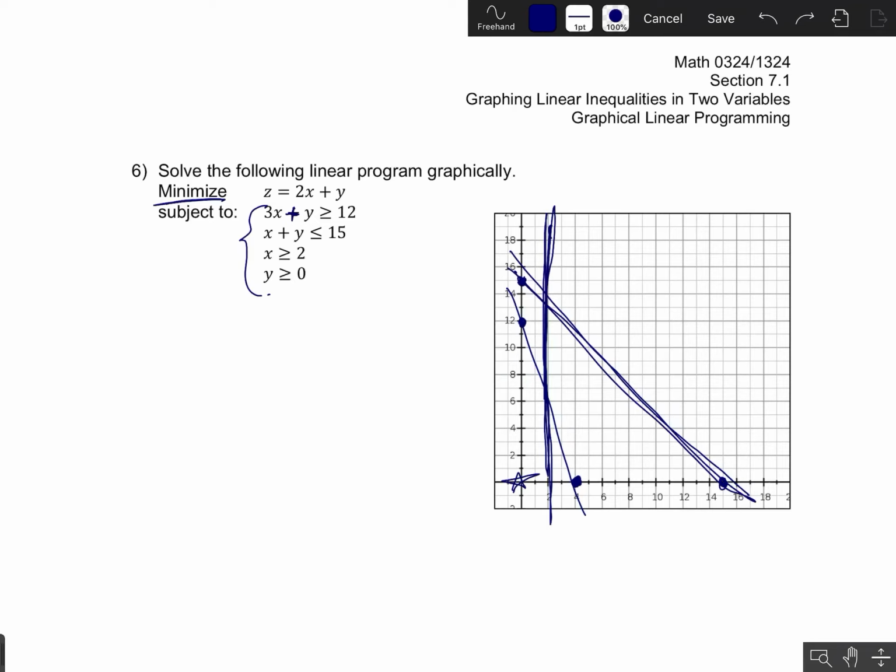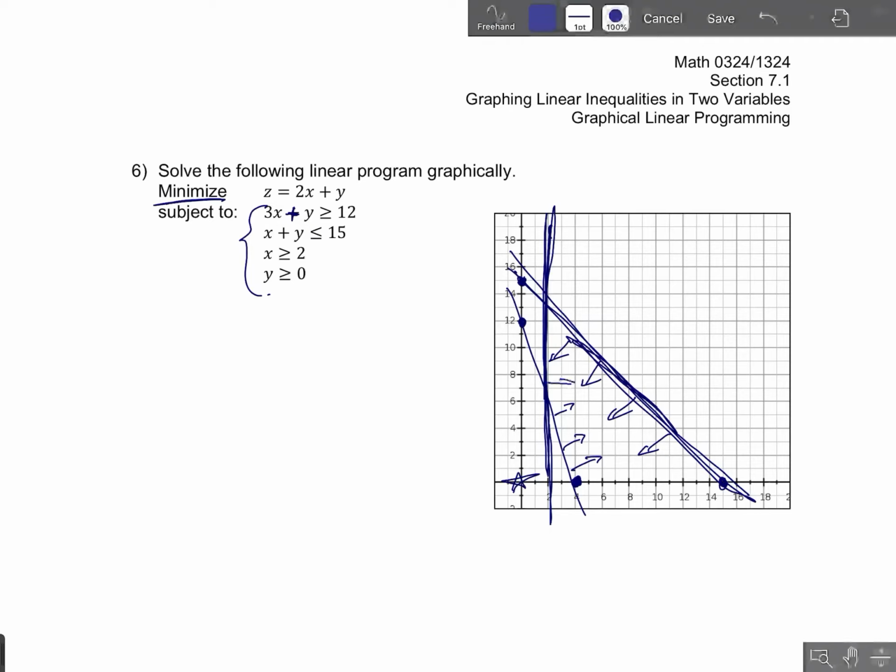So the origin does not belong in the solution set for this first line, and that means that our solution set would be over here to the right of that first line. Next, if I plug the origin into the second inequality, I would get 0 is smaller than or equal to 15. That's a true statement. So that means that the origin does belong in the solution set, and the solution set for that second inequality would be everything beneath this outer line.